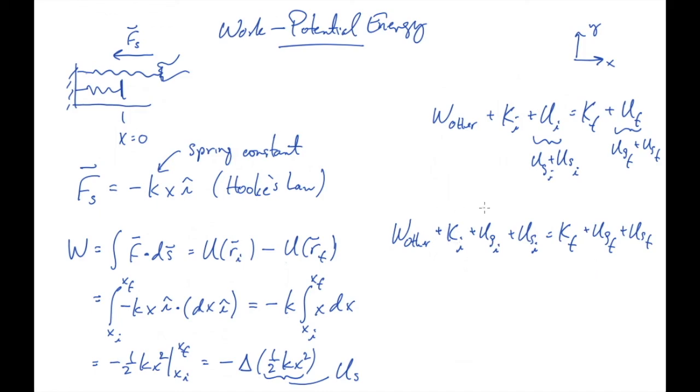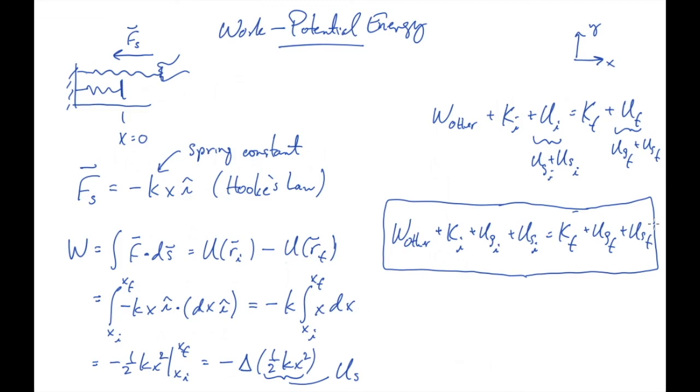And this is the form of the equation that we'll use most often when there are springs in the problem. If a problem has no springs, then we can just leave off this U_s term and work with the shorter version of it.